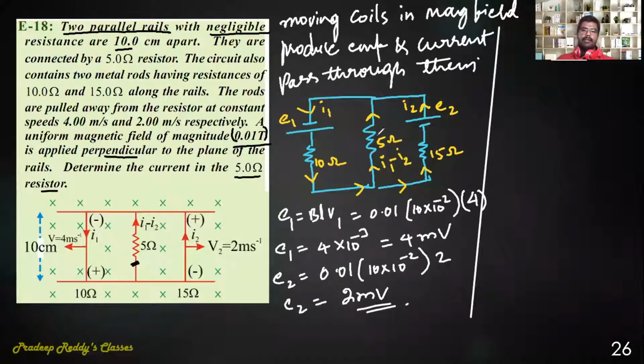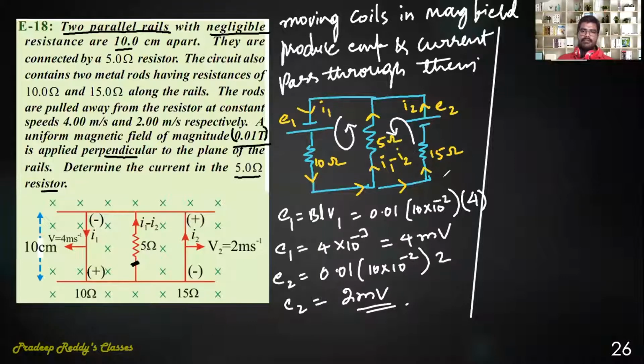In order to calculate the current in the circuit, you can use Kirchhoff voltage law. You can take either this loop or this loop. If I take this loop, you will get I2. You will get two equations. You need to solve them so that you get I1 and I2.